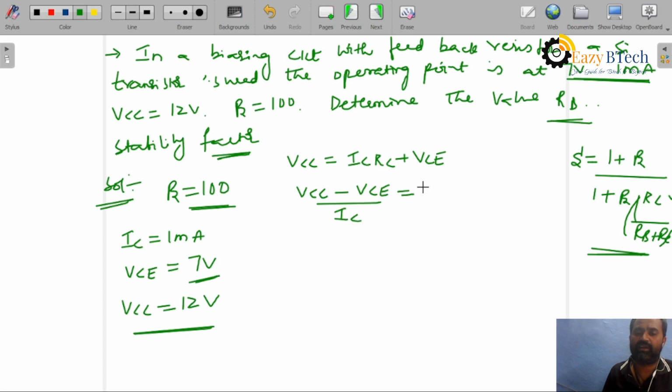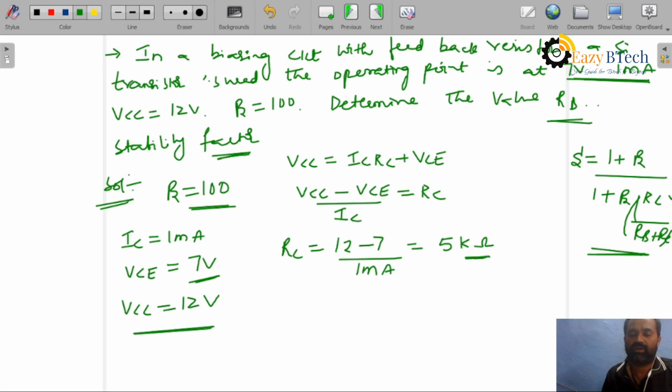Now RC is equal to 12 volts minus VCE 7 volts by IC, which is 1 milliampere. 12 minus 7 gives 5 kilo ohm. This is the RC value, obtained from this expression.